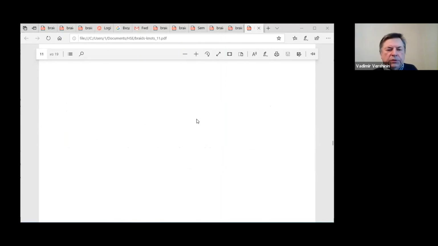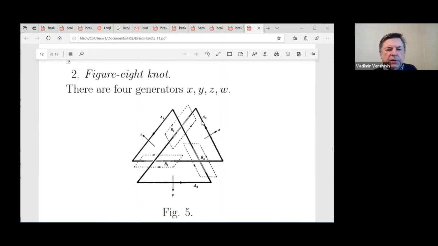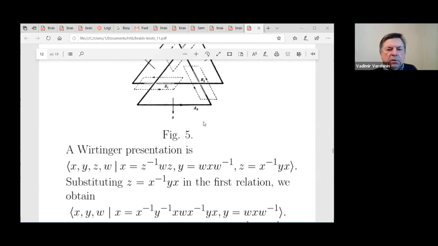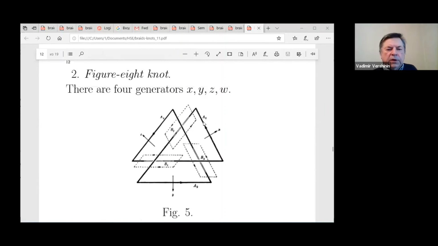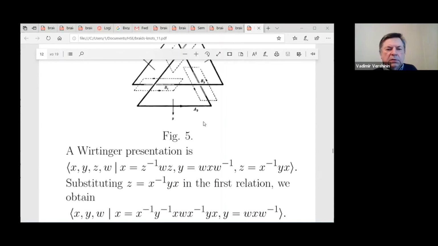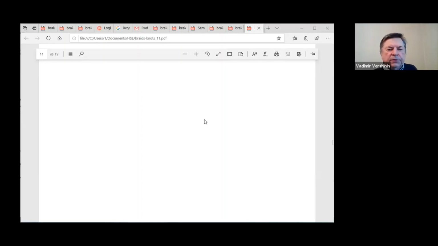Okay, a bit more complicated again. Look, maybe I'm making mistakes. I made the wrong picture. Figure 8. I simply doubled the picture.